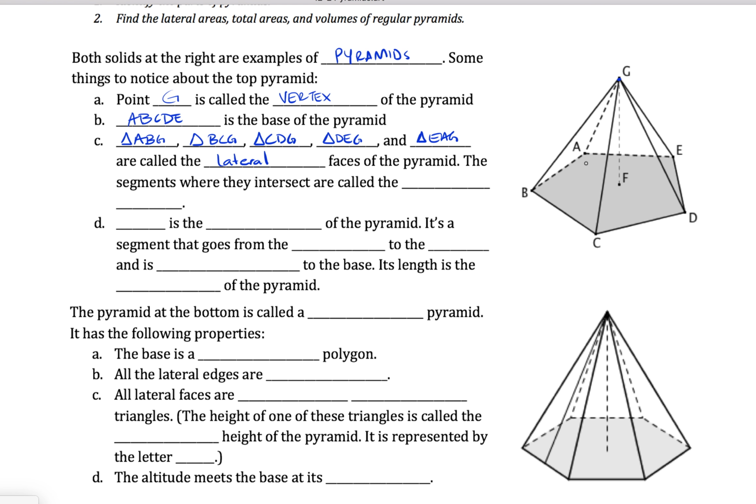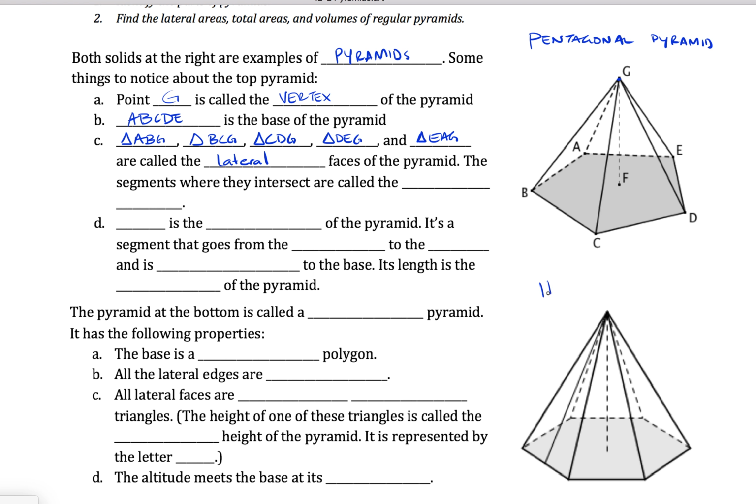So every pyramid is going to have one base, and a number of lateral faces. The number of lateral faces depends on what shape the base is. In this case, you can see we have a pentagon for a base. This is called a pentagonal pyramid, and so its base has 5 sides. That means there are going to be 5 lateral faces. Down here is the next pyramid we're going to talk about in a few minutes.